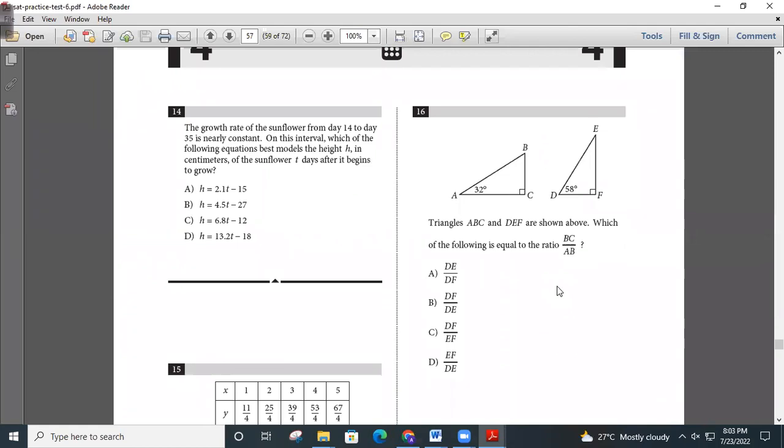So please do give me the answer for the 16th one. Section 4, 16th one.